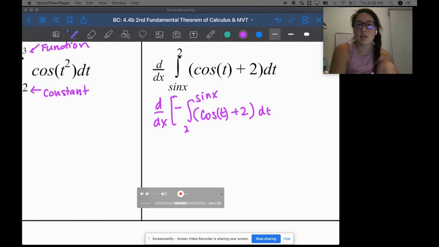And I'm going to put the parentheses around the t, so I remember that the 2 isn't part of the argument. All right, time to take the derivative of the integral.